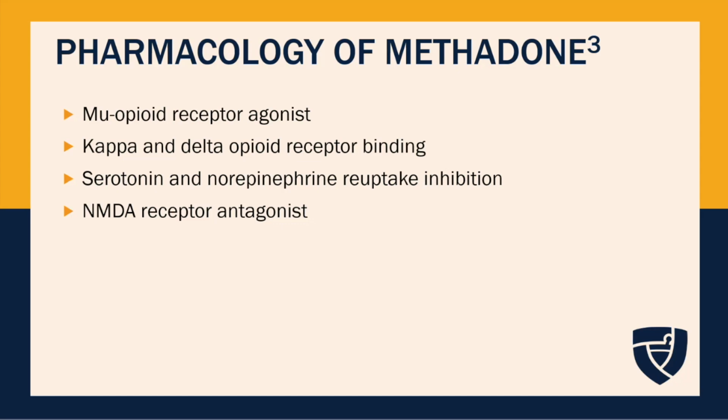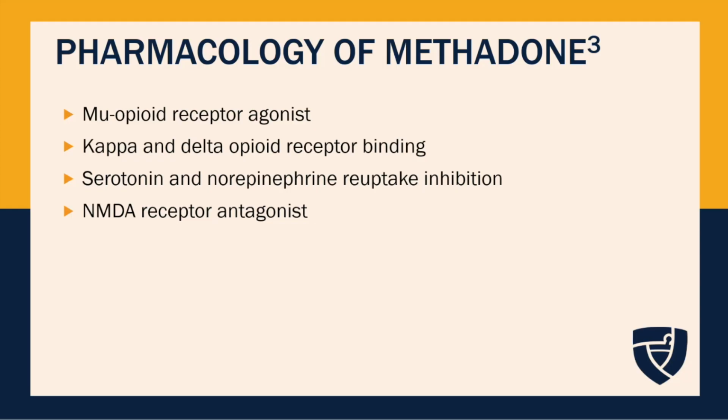And on top of this, we have serotonin and norepinephrine reuptake inhibition. As we know as pharmacists, this is a very common way that neuropathic pain is treated with our serotonin norepinephrine reuptake inhibitor medications.